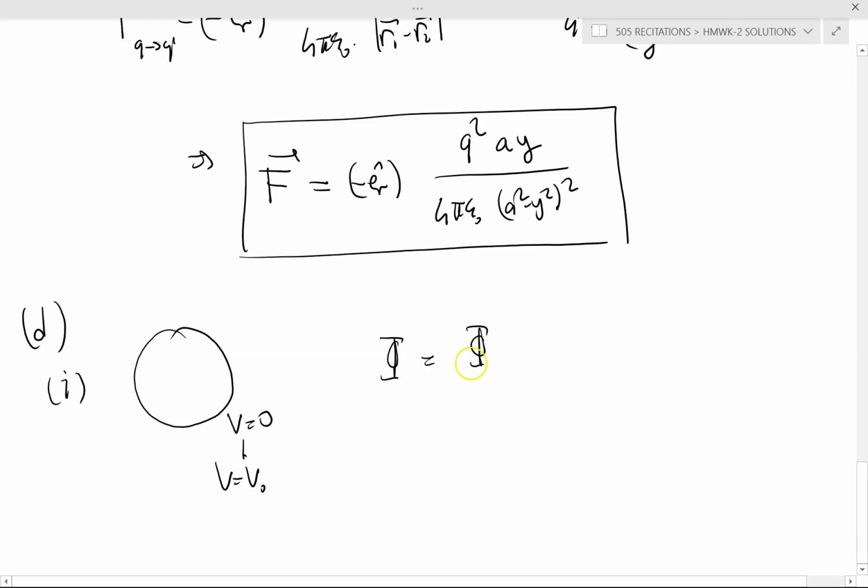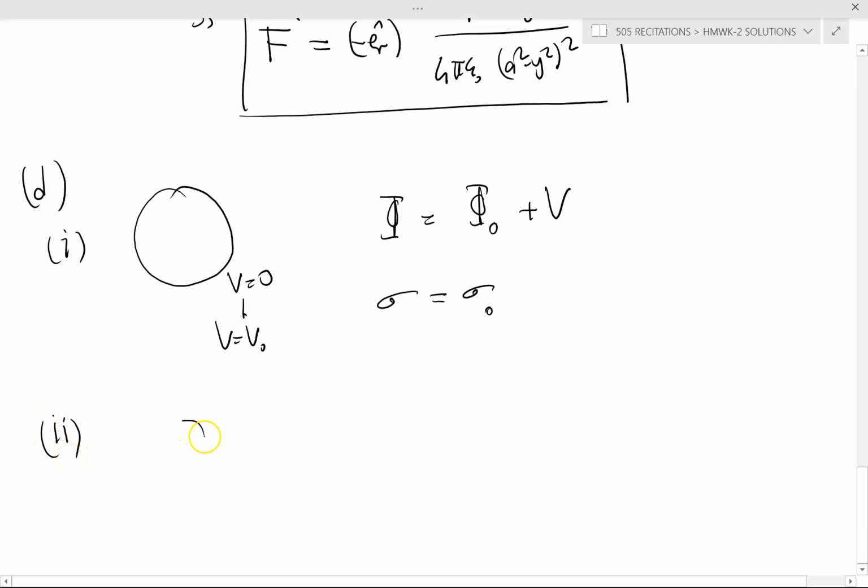Okay. What about the case where the sphere is kept at the same constant potential, but also has some plus Q on it? In this case, the idea is the following. How shall the potential shift? Remember, the plus q induces overall minus q at the inner surface of the sphere.